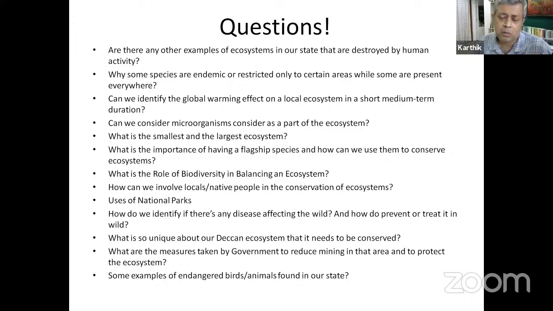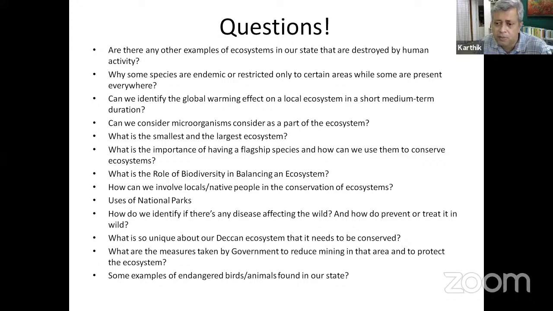So you can imagine what the smallest and the largest ecosystem could be. A small puddle of water in a rock can be the smallest ecosystem that you can think of. A large one can be as large as the ice sheets in Antarctica.